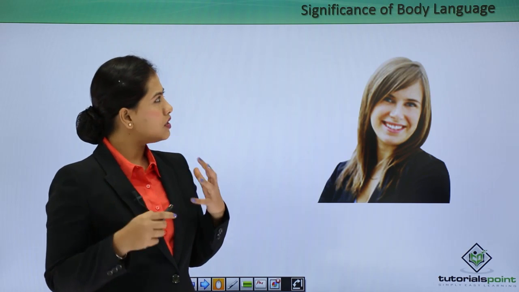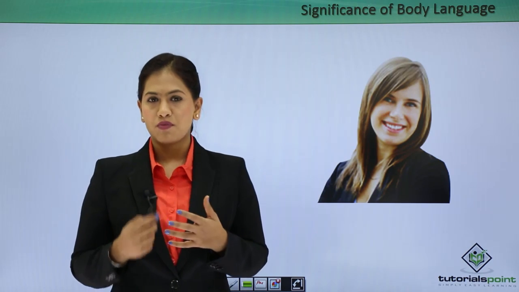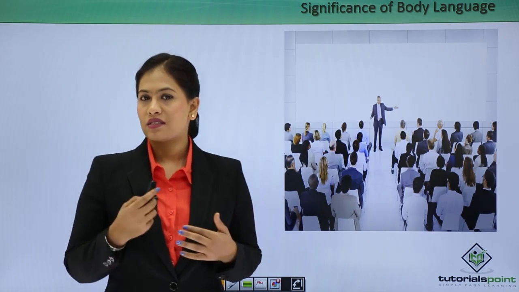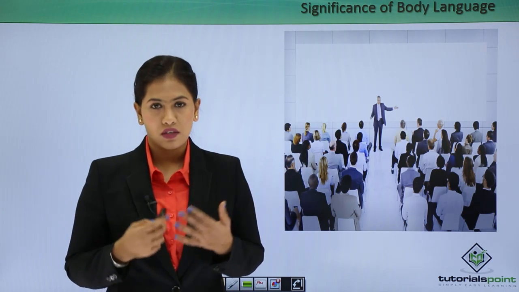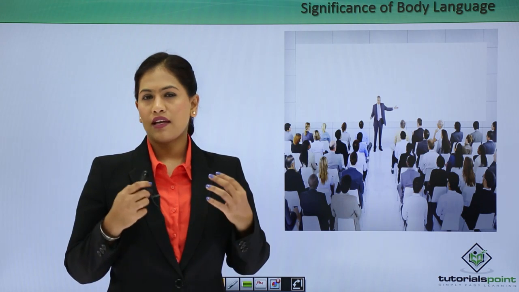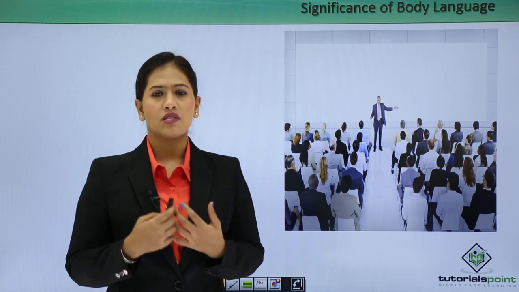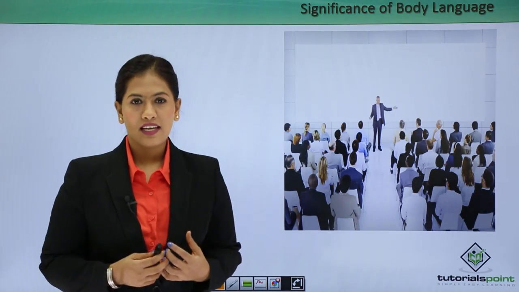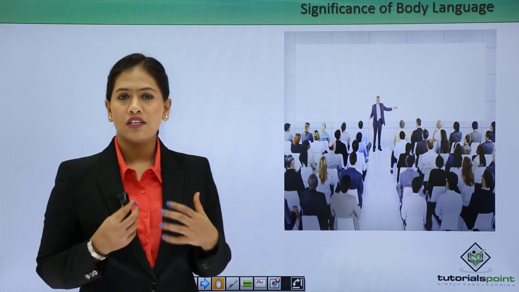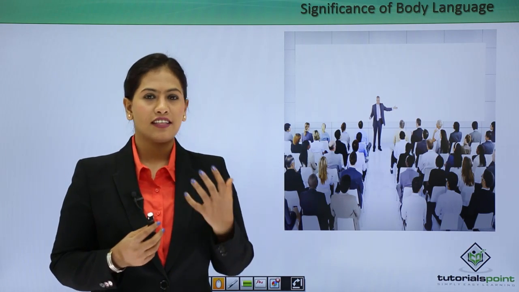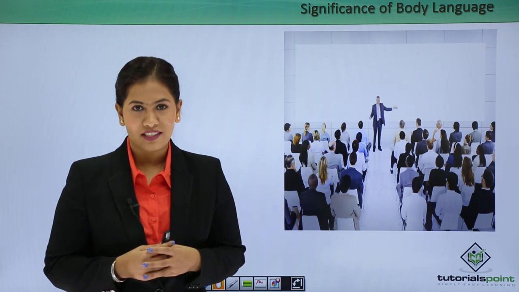So this is a little on the importance, and let's move on to explore further why it holds this kind of value, and how we can cope with and master the study of body language. The importance of non-verbal communication, that is body language, is for a simple reason: you understand the intent and the emotion of a person.